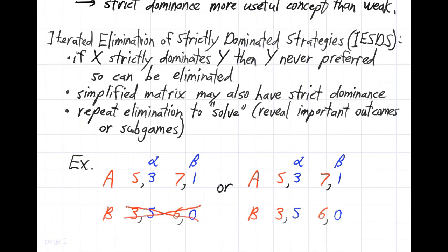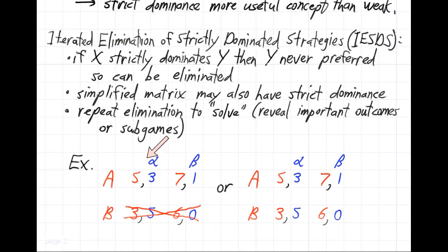That gives us a reduced matrix where it's a 1 by 2 matrix, which means that the row player will only play one strategy, A, and the column player will still have two strategies, alpha or beta. But if we look at the options for the column player, we see 3 is better than 1. So again, strategy beta is dominated by alpha.